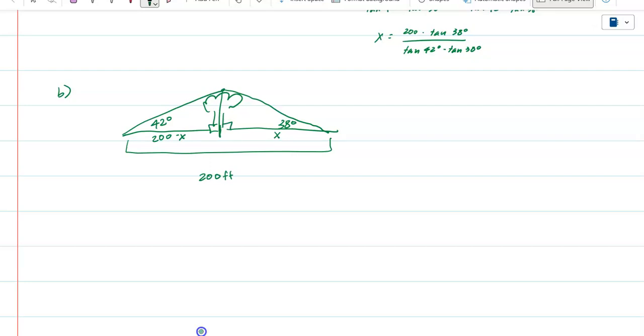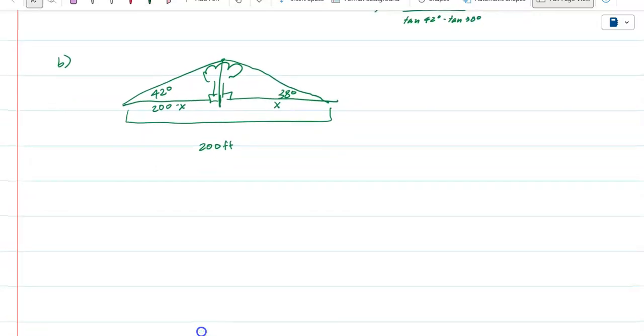SAT problems always like to use this kind of variable. And so you end up with, we need to find the height. So h. So tangent of 42 degrees equals opposite over adjacent, h over 200 minus x. And then tangent of 38 degrees equals h over x.